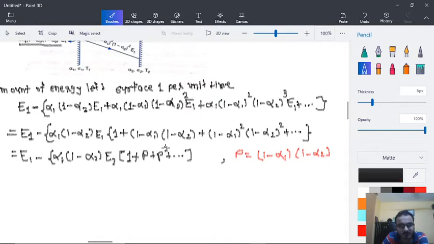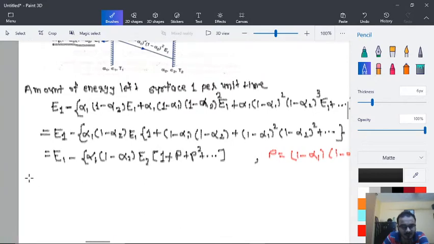So finally what we are getting now, so this is the value of Q.